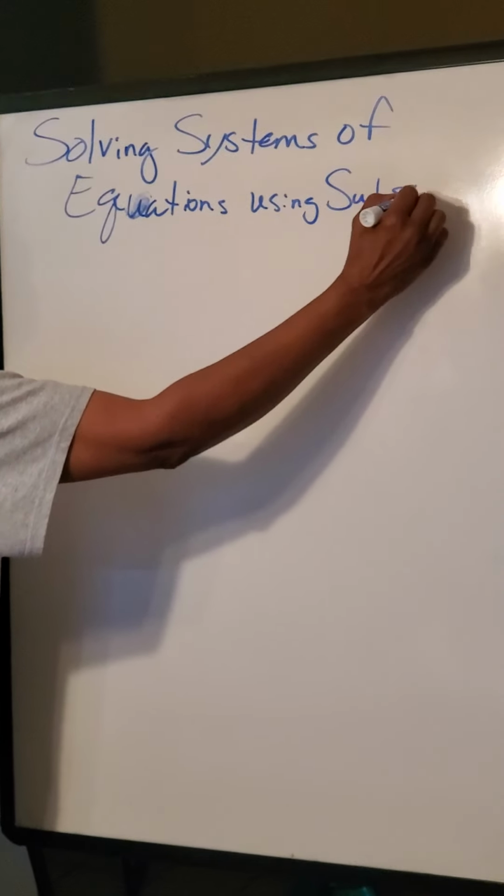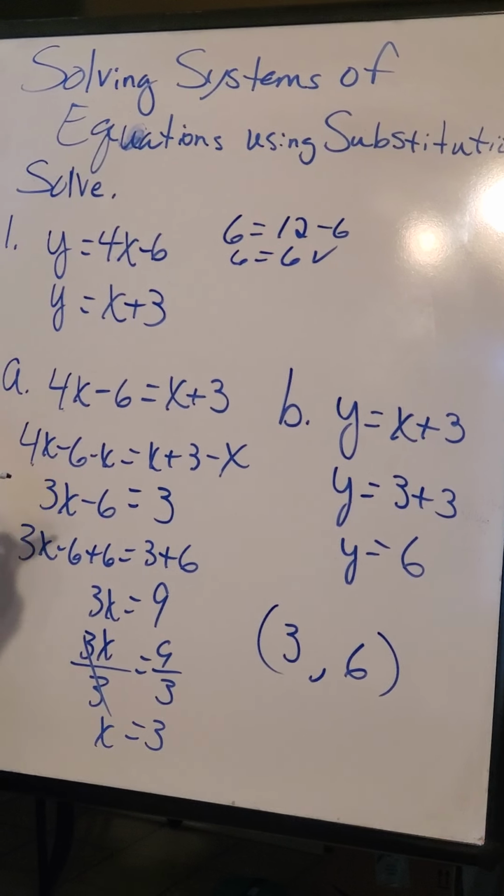That means that if I substitute the 3 and the 6 in their proper places up here, it would satisfy both of these equations. So let's just check it right quick. All right, my y is 6, so if I put a 6 here, I'll have 6 equals, my x is 3, so 4 times 3 is 12. I have 12 minus 6, so I get 6 equals 6, so that checks.